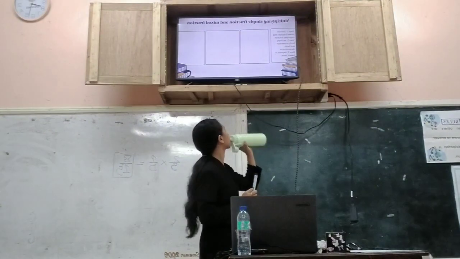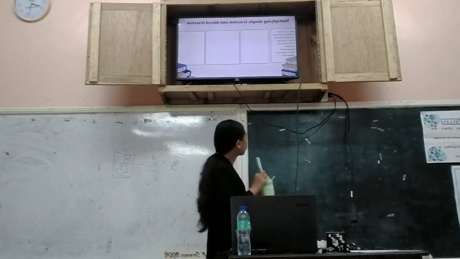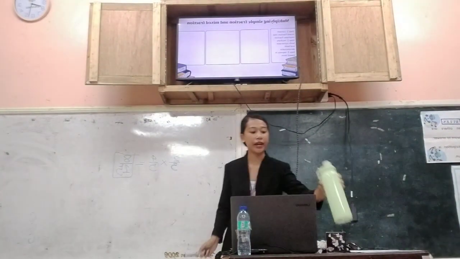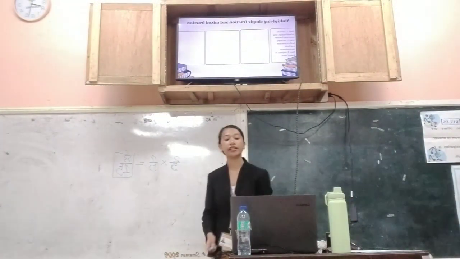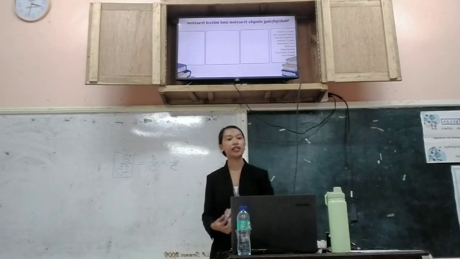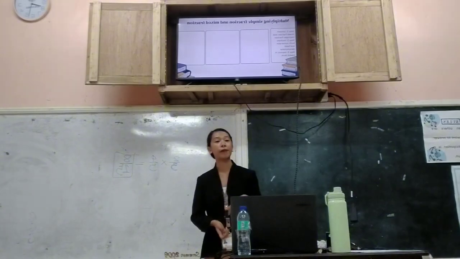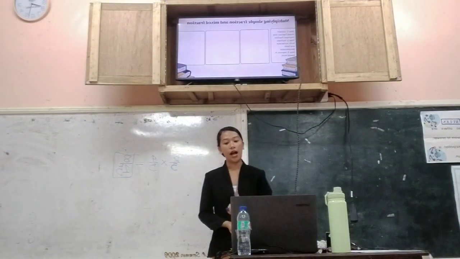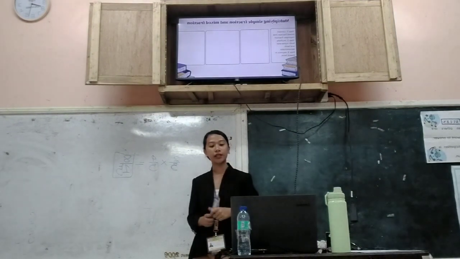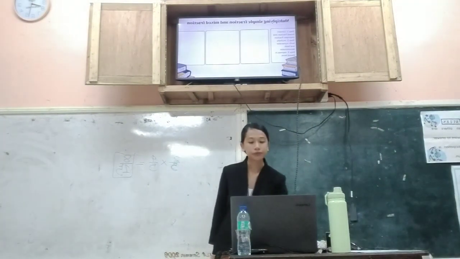Step 2, multiply both numerators and both denominators. Step 3, express in lowest term. So step 1 is to convert the mixed fraction into an improper fraction, step 2 is to multiply both numerators and both denominators, and step 3 is to express in lowest term.